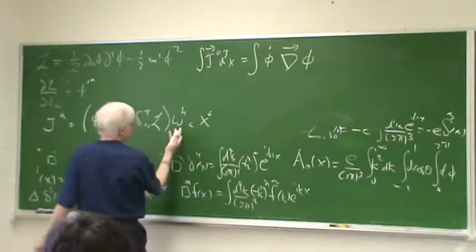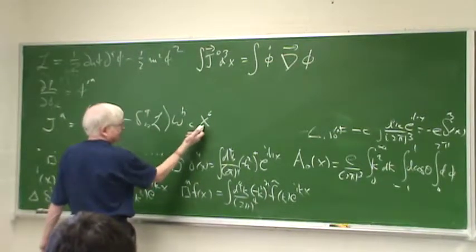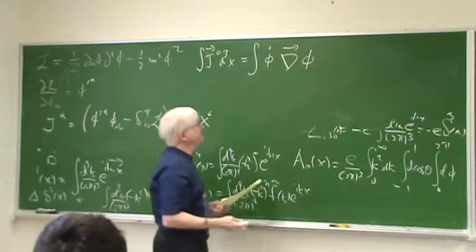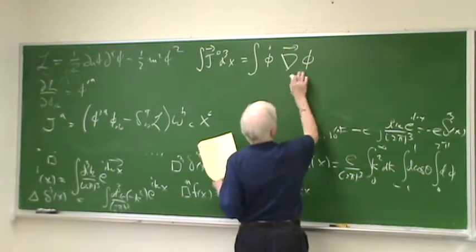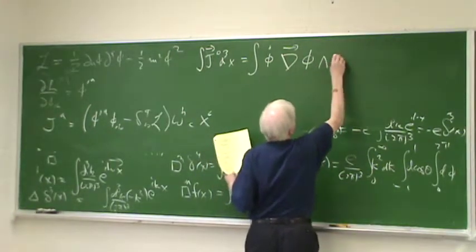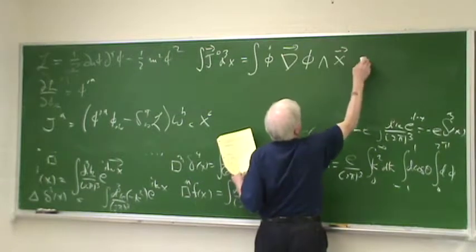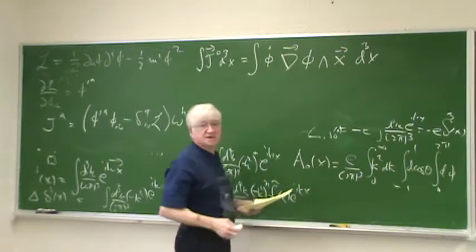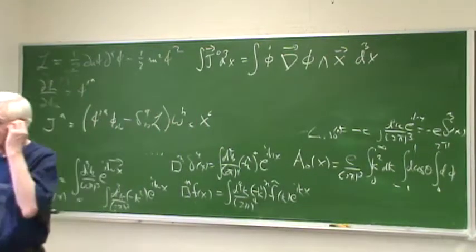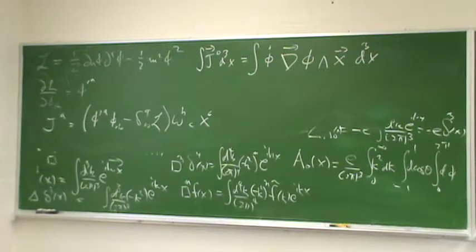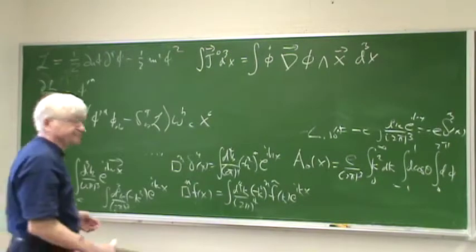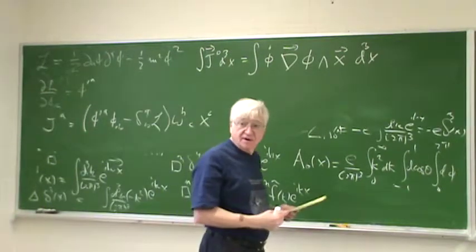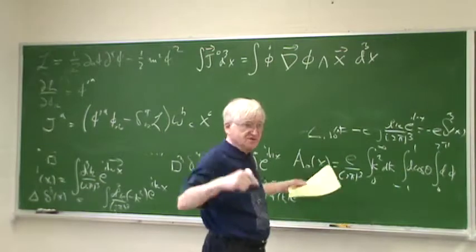We have omega BC, omega's antisymmetric, and an x here. And so this is effectively the cross product of the gradient with the space vector x d cubed x. So it's that cross product effectively. That's the thing that's the angular momentum, conserved, modulo a certain term.